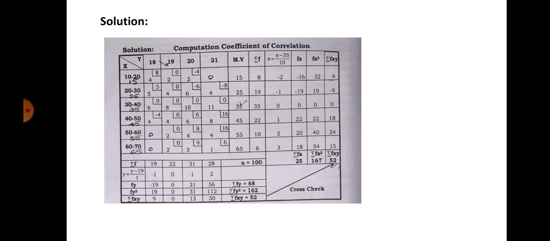So first write the same problem afresh. I have given it to you in the PDF. This one problem has already been solved. Once again I am reminding you to see the PDF.